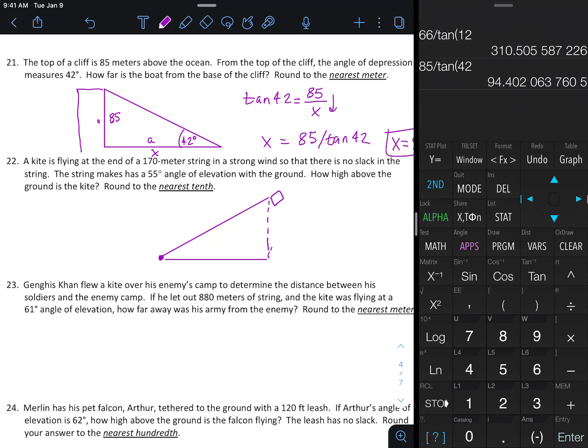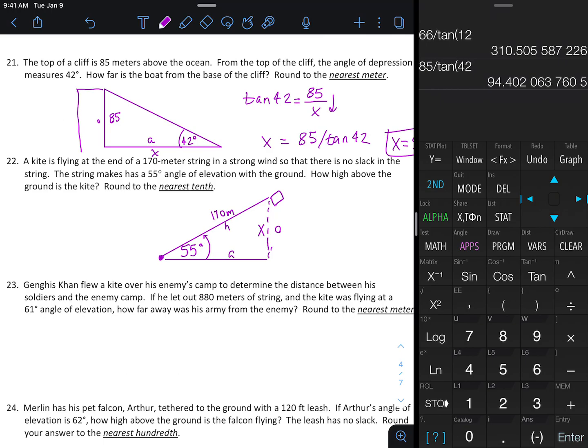So you can draw yourself a right triangle again. Now the angle of elevation is always from the horizontal and then up, so you can put 55 degrees like that. Then we can label the opposite, adjacent, and hypotenuse. What are they asking for here? How high above? So they're asking for that vertical distance there. I'll put x right there. The hypotenuse is actually 170 meters, because that's the string.